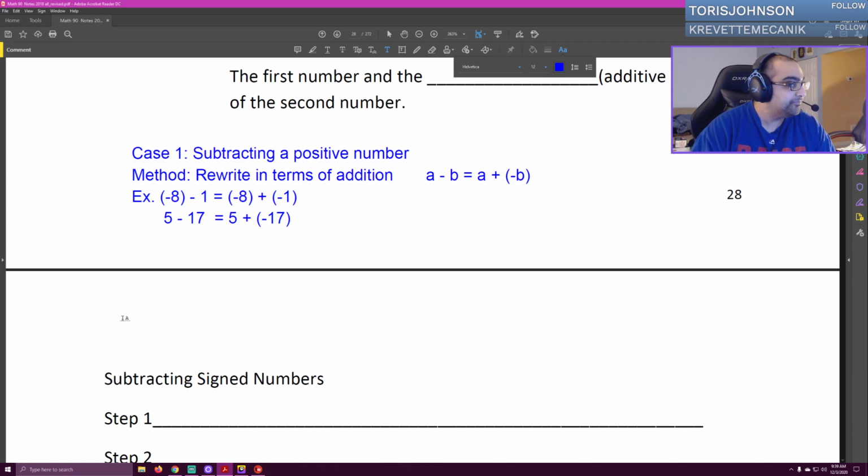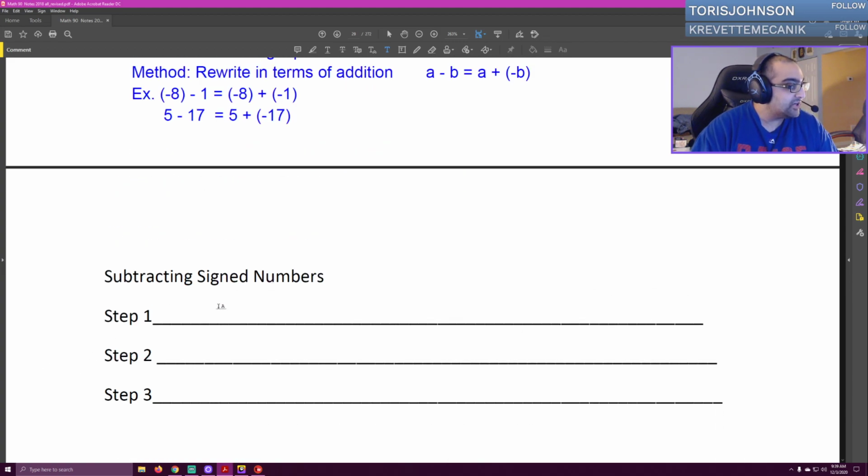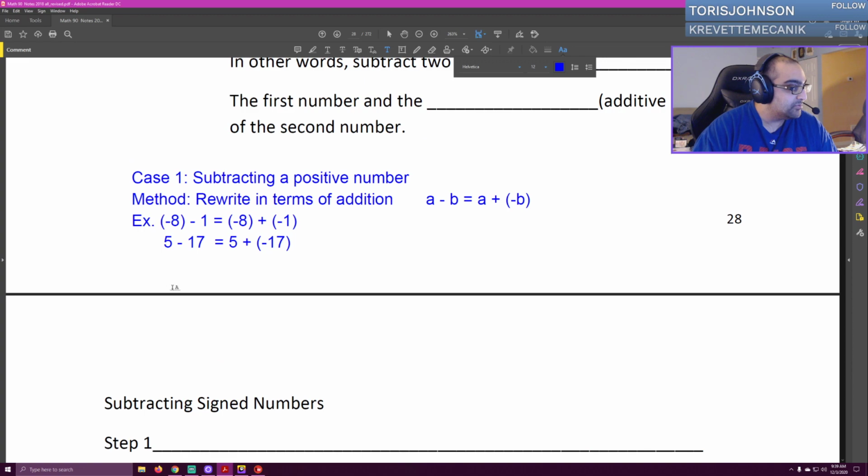All right, let's take a good look at case number 2 as well. Case number 2 is where we're subtracting a negative number. Subtracting a negative number, we're going to rewrite in terms of addition.